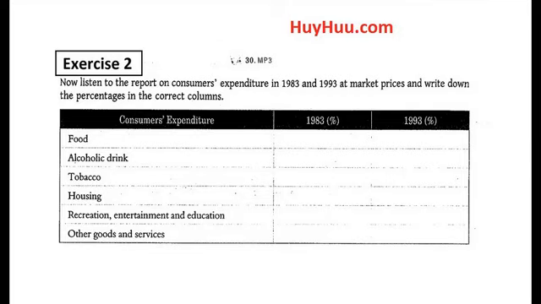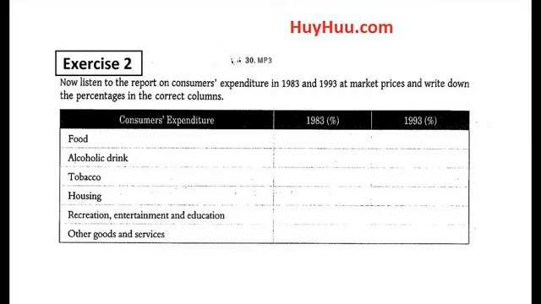The percentage on housing increased slightly from 15.1% in 1983 to 15.4% in 1993. And recreation, entertainment, and education was 9.2% in 1983, then increased to 10.1% in 1993.